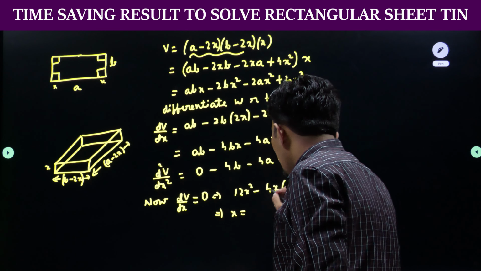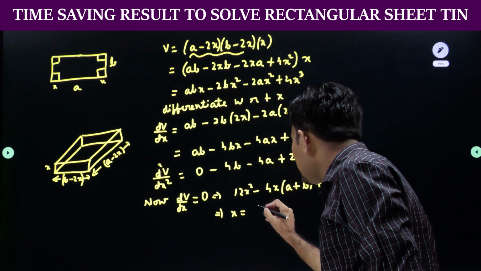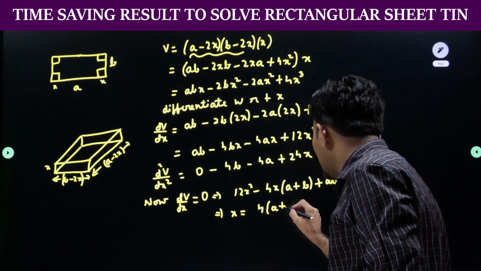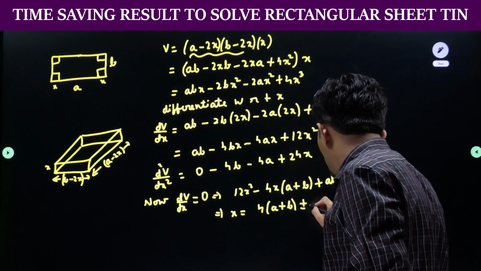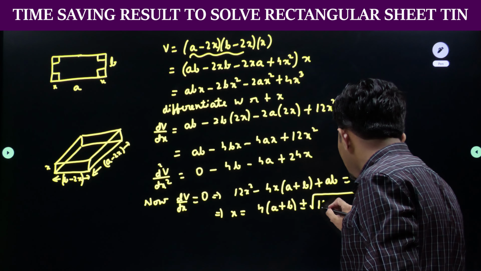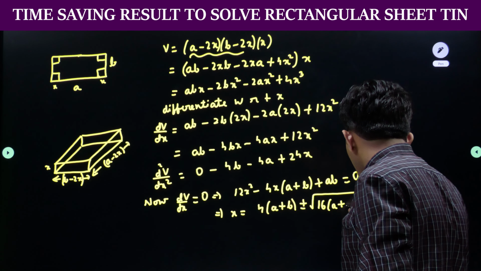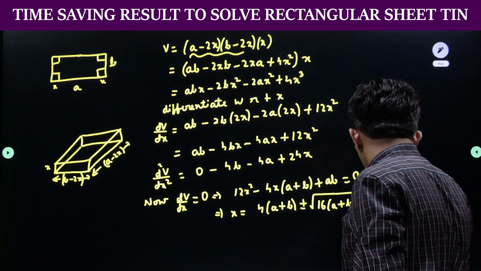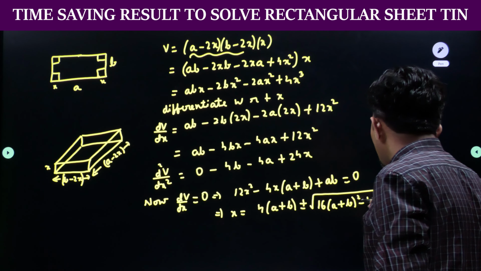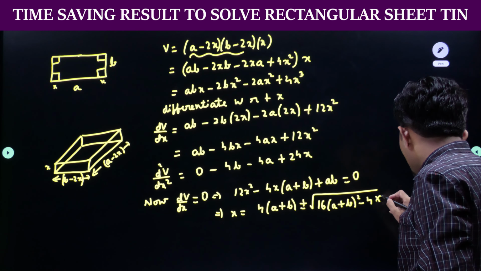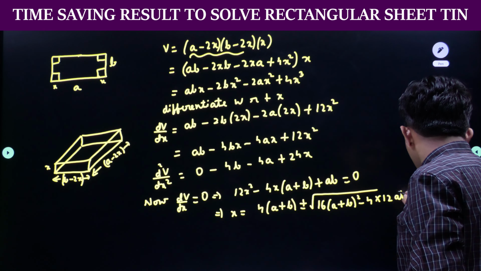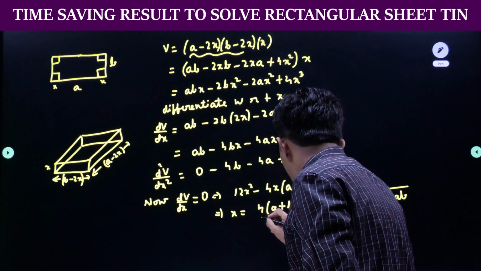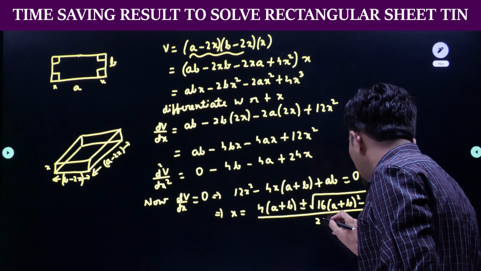X is equal to minus the coefficient of x, that is 4 times a plus b, plus or minus root of b square minus 4ac: 16 into a plus b whole square, minus 4 into the coefficient of x square, 12, into the constant term AB, divided by 2 into 12.